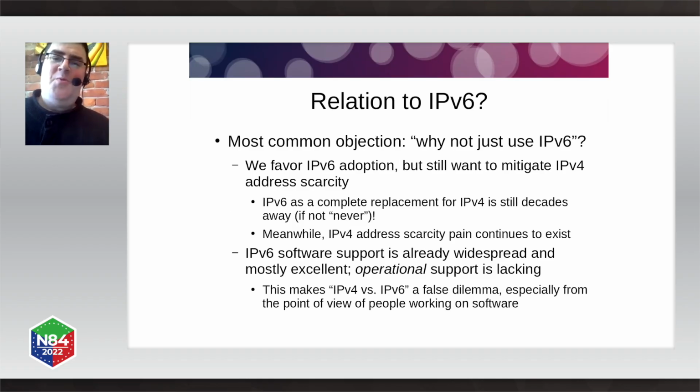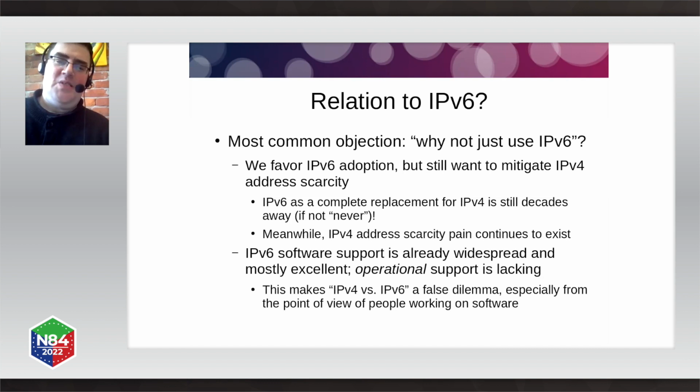So I want to just talk about a few of the most common objections and concerns that people have. And I imagine that later on in the questions, people may have others or may have elaborations on these, but I'll just mention a few of them that we've been hearing. So the most common one is presumably about IPv6 and various versions of why not just use IPv6. Do IPv6 instead.